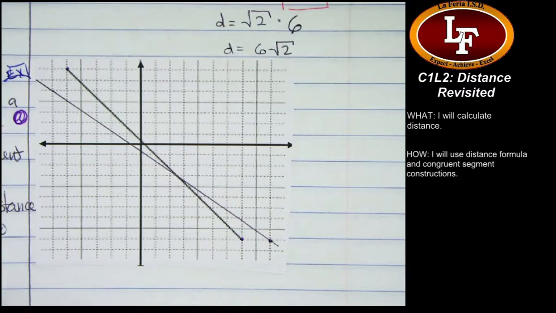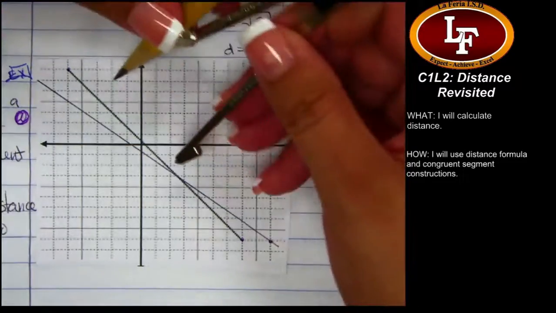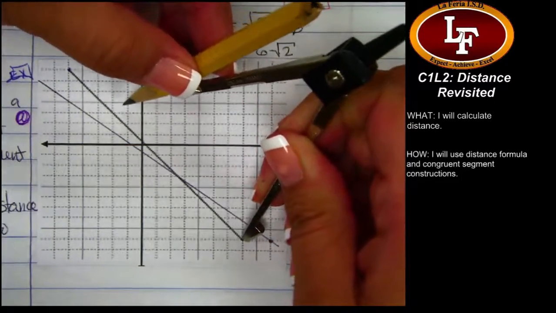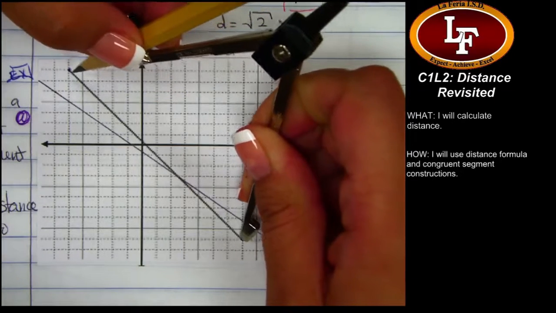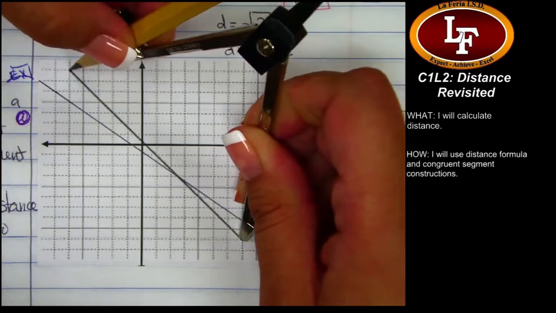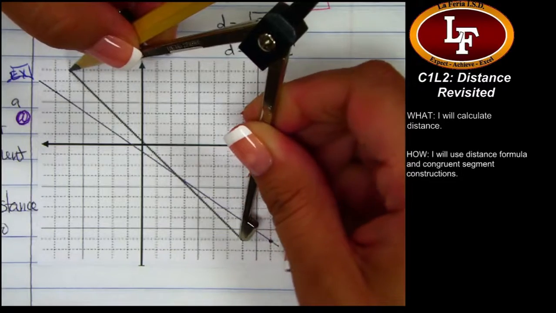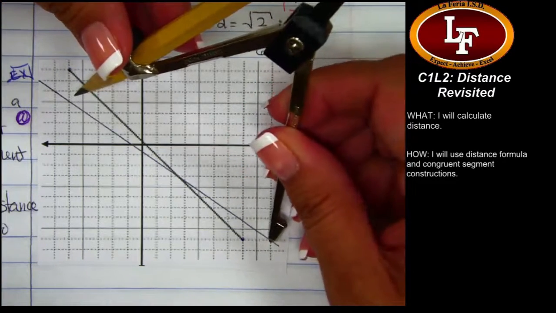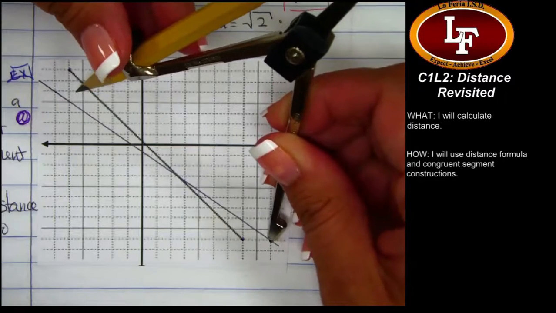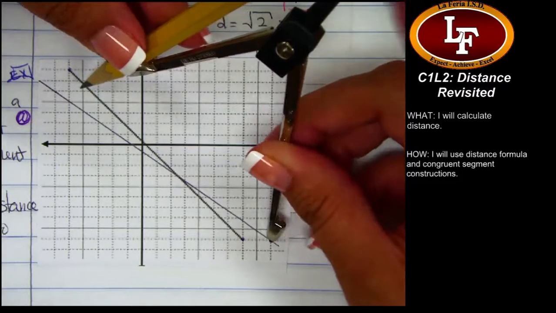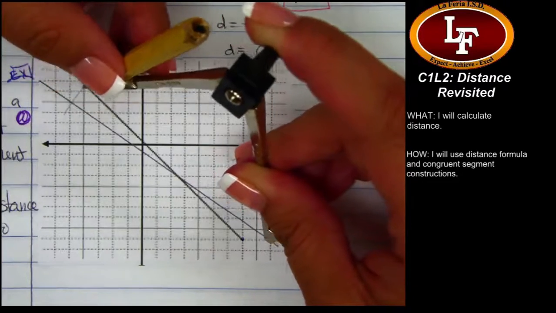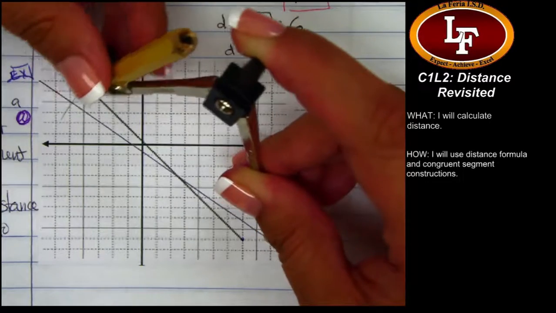All right, the next step is to take your compass and set the radius equal to the original segment that you're trying to copy. There it is. Now take your compass at this radius and set the center on the endpoint of where you want your segment to end up being copied to, and then mark your arc.